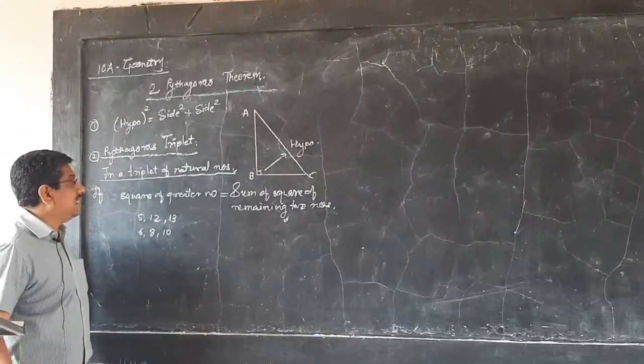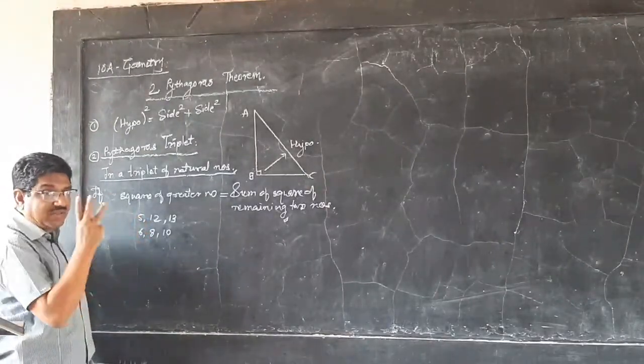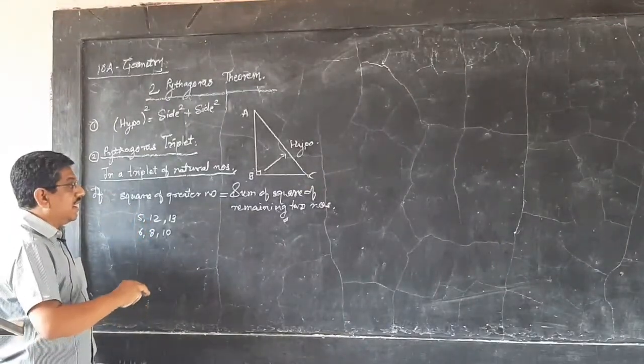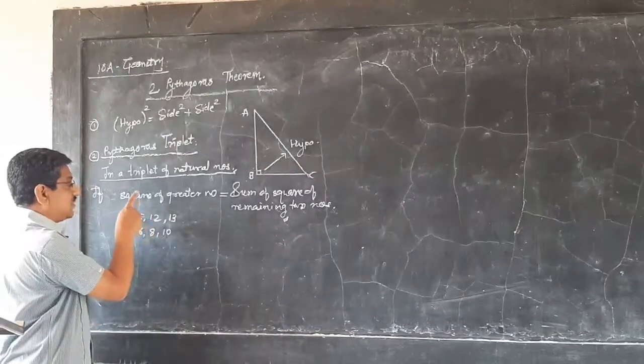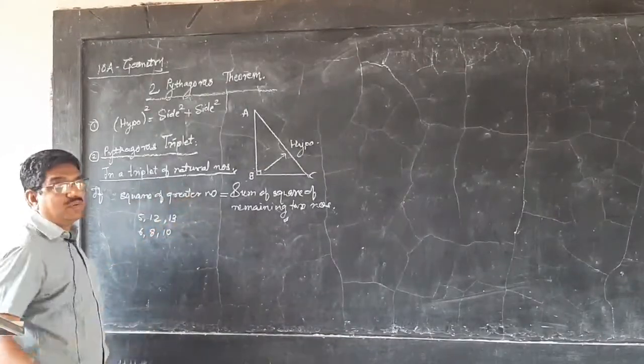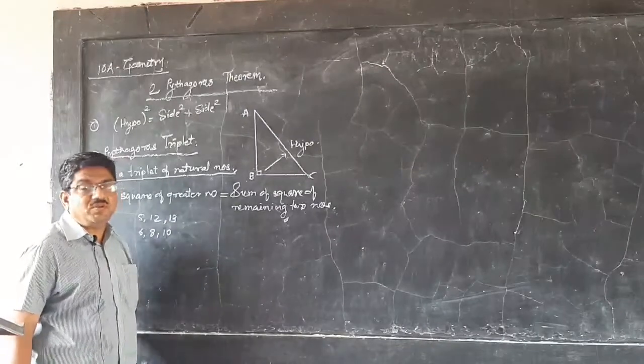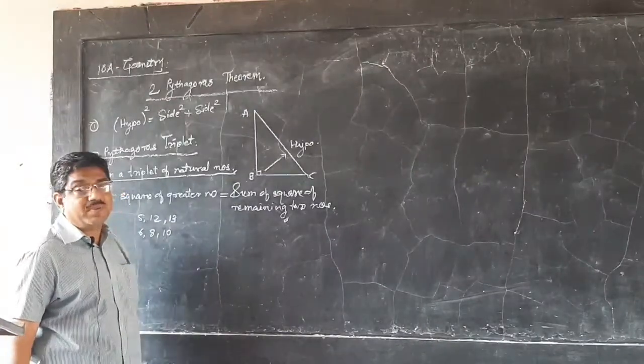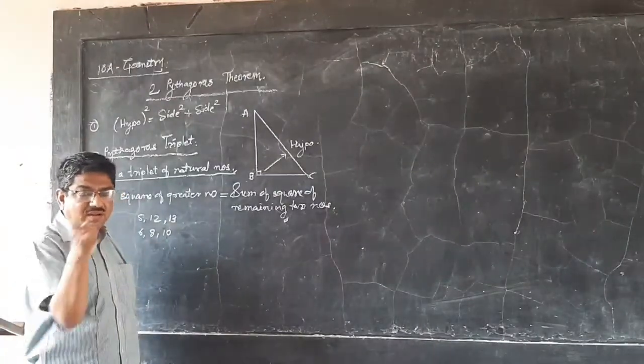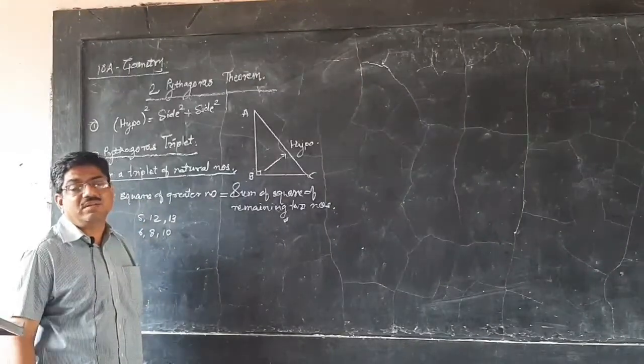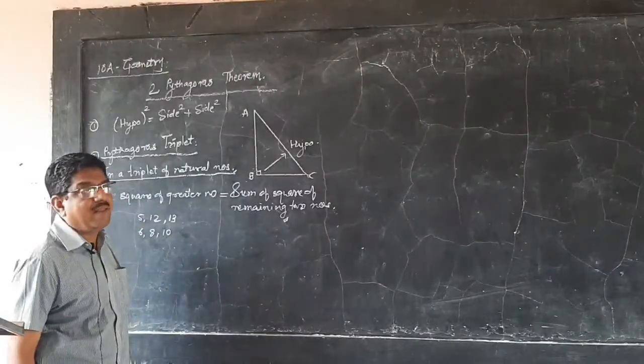Means in a triplet there are three natural numbers, and if the square of the greater number is equal to the sum of the squares of the remaining two numbers, then those numbers together are called the triplet of Pythagoras.